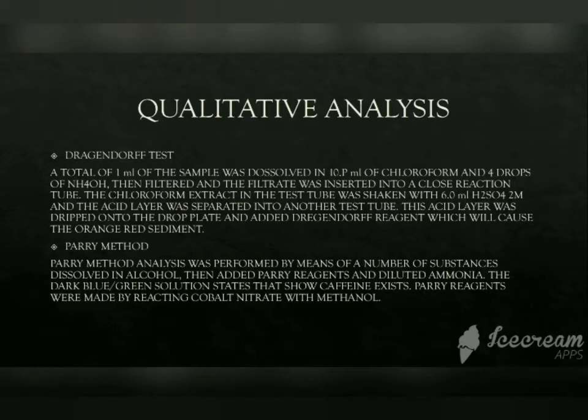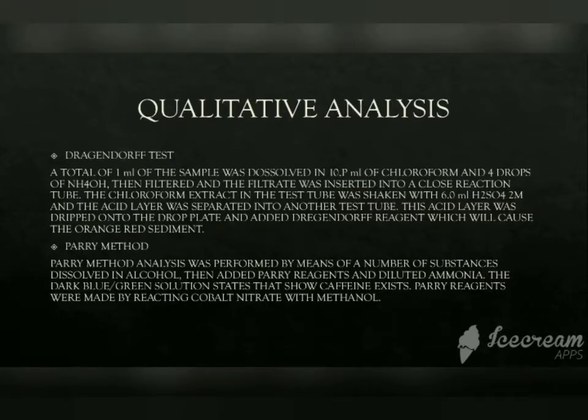The chloroform extract in the test tube was shaken with 6 ml of H2SO4, 2 molarity, and the acid layer was separated into another test tube. This acid layer was dripped onto the drop plate and added Dragendorff reagent, which will cause the orange-red sediment.